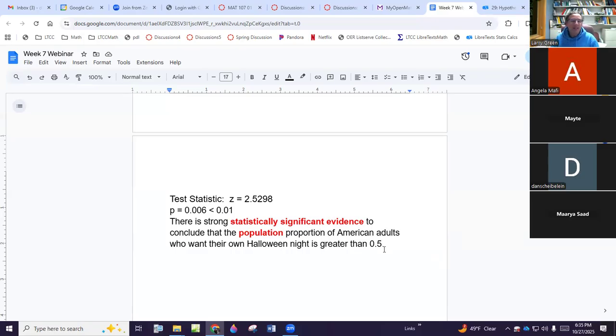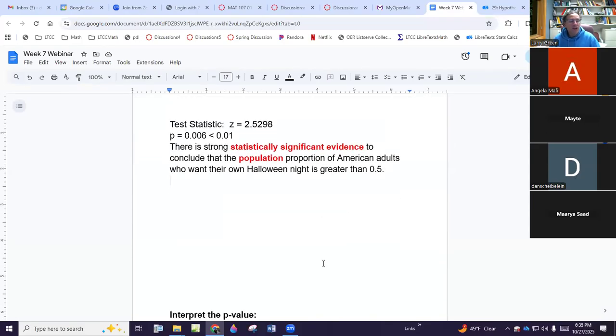You only say there's statistically significant evidence, and that means you've got it, or you say there is statistically insignificant evidence. Insignificant evidence either means that it just wasn't true, or it means your sample size was too small and you weren't able to show it. You just got bad luck. That could happen too. Any questions on this?